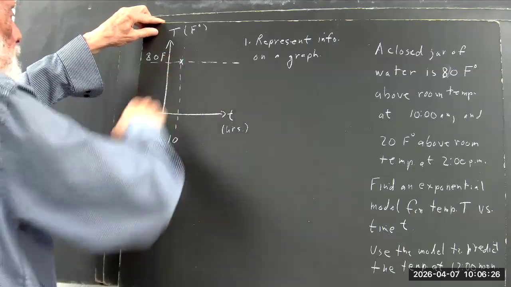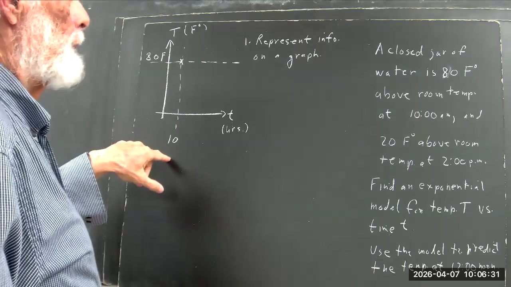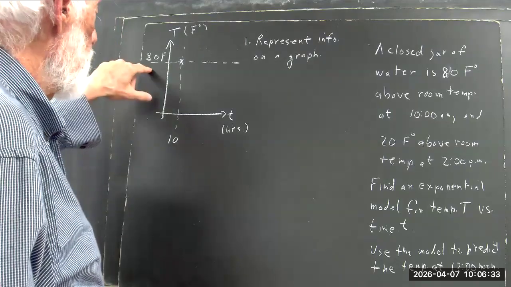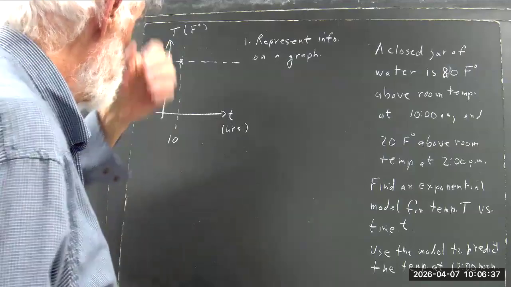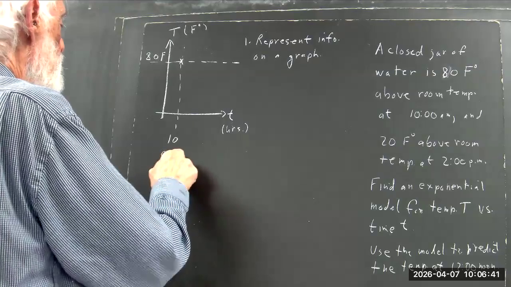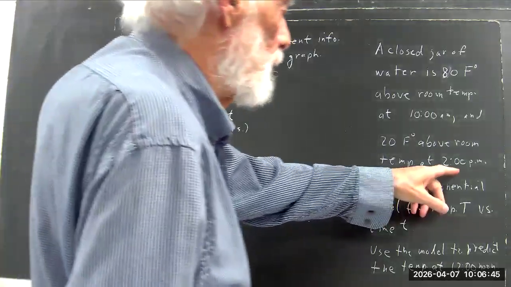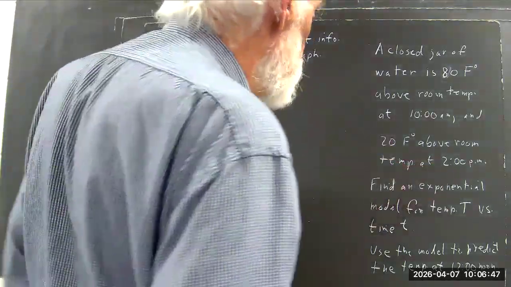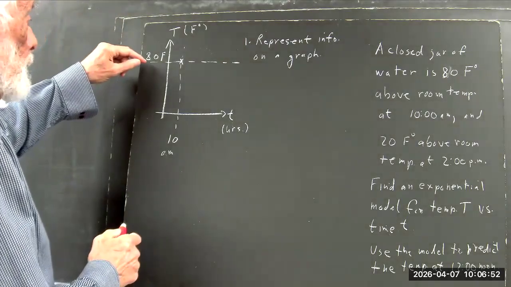And where those two lines intersect is a point that represents the fact that when the time is 10 a.m., the temperature is 80 Fahrenheit. Okay. Now, we also have 2 p.m. when the temperature is 20 Fahrenheit. Well, let's do the temperature first.